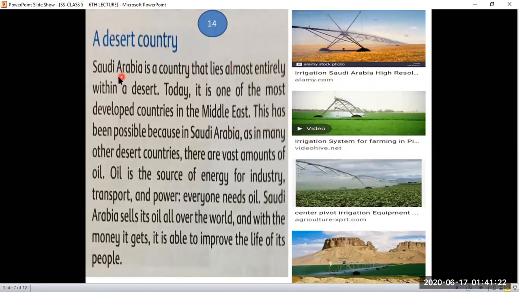So this is the desert country, Saudi Arabia, that we have talked about. Here oil is the main source of energy in different industries, transport and power.